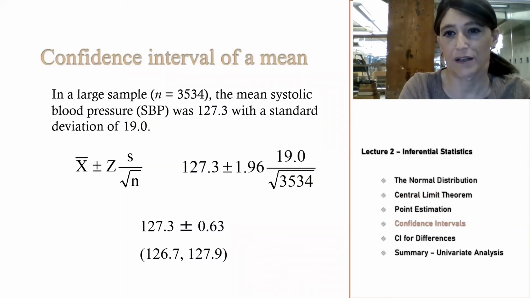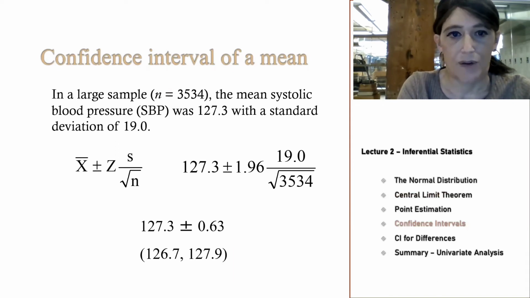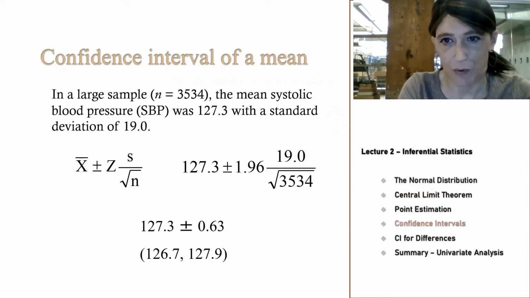We're going to start by looking at a simple example where we try to calculate a confidence interval around a mean. We have a relatively large sample, and the mean systolic blood pressure was 127.3 with a standard deviation of 19. That's nice to report in our descriptive statistics.